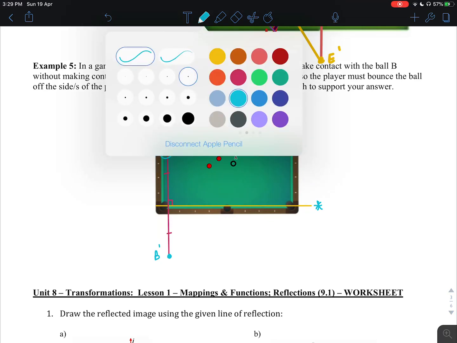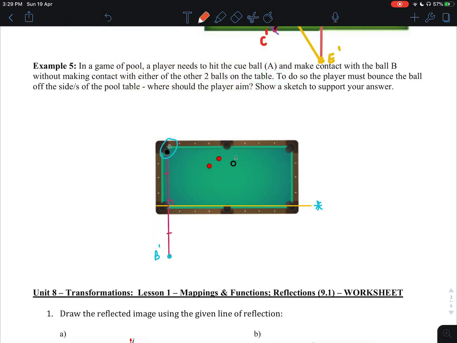To figure out what our path is going to be, if I join B prime to A, that tells us where along the side of the pool table we want to bounce the ball. So I'm going to hit my ball from point A along this to, let's call it point P again, and that will allow it to bounce off and hit ball B into the pocket without touching either of the red balls.